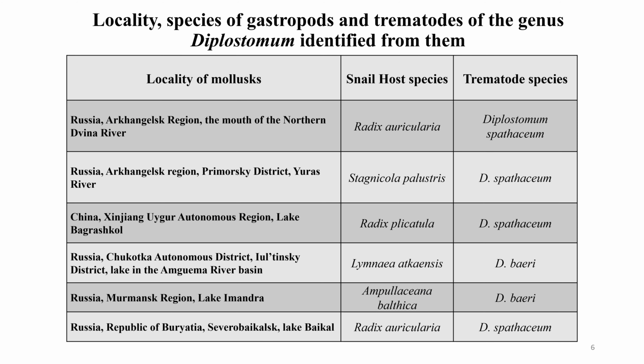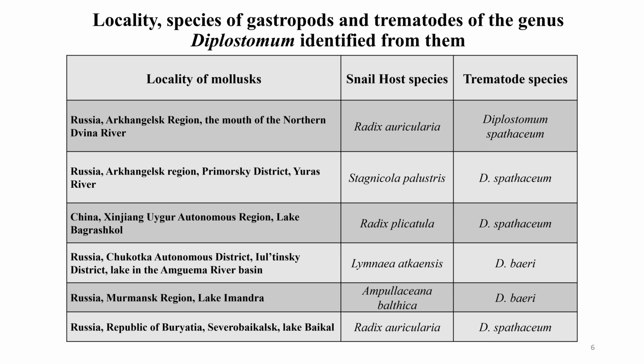As a result of the study of pond snails from different geographic regions, we identified individuals infected with parthenitae of trematodes from the genus Diplostomum. It can be seen from the table that the same species of trematodes is found in areas widely remote from each other, such as Diplostomum pseudospathaceum in the Arkhangelsk region, Buryatia and China, or Diplostomum baeri in Chukotka and the Murmansk region.